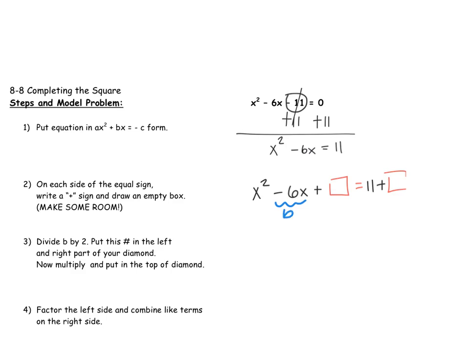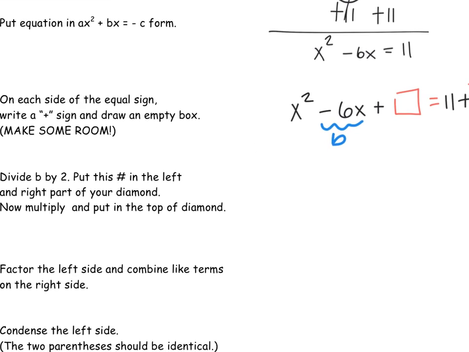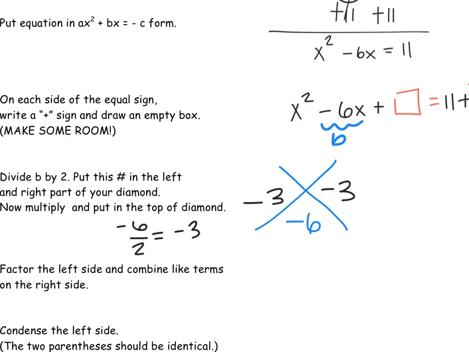What we want to do is divide our b by 2. We always put our b downstairs. Negative 6 divided by 2 is negative 3. I now put this in the left part of my diamond and the right part of my diamond.